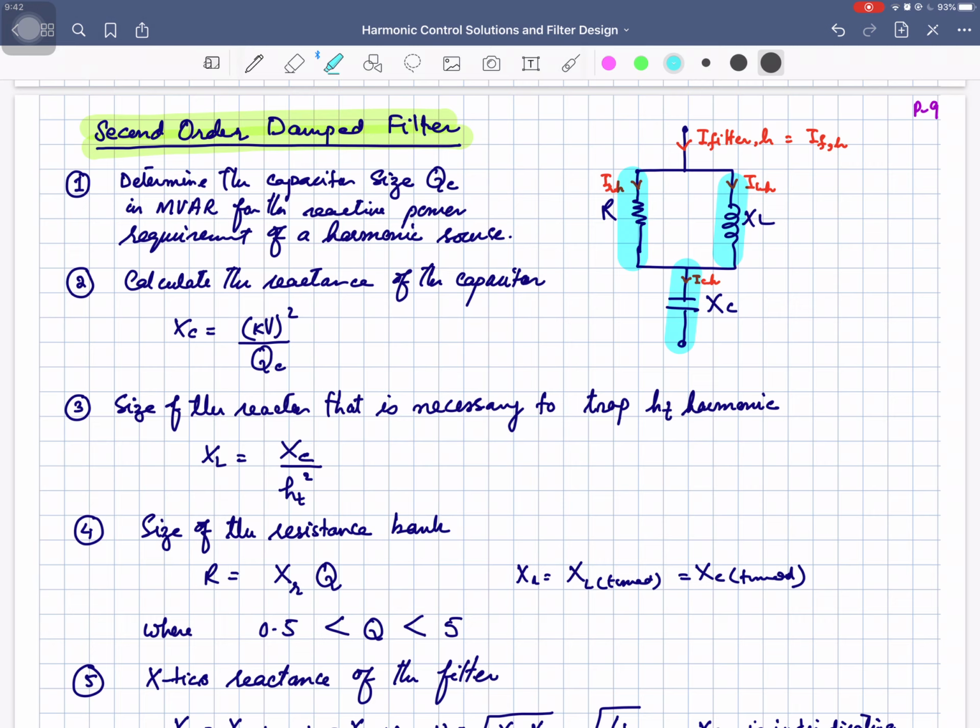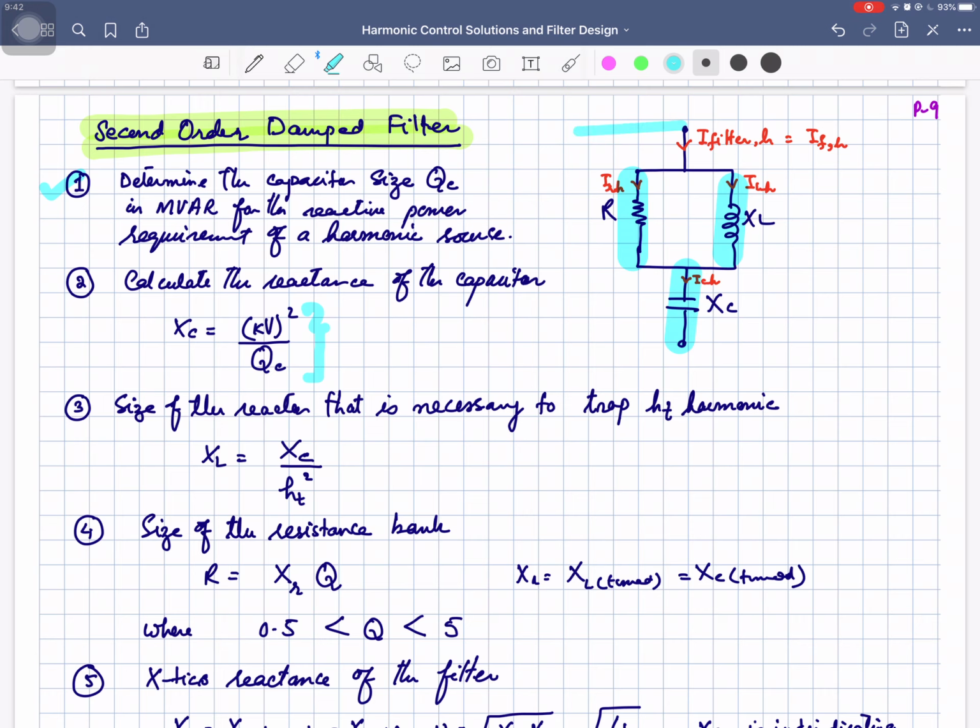So now how do we design this one and analyze the circuit? First of all, we determine the capacitor size QC in MVAR for the reactive power requirement of a harmonic source. Then we calculate the reactance of the capacitor with the help of this formula, kilovolt square by QC.